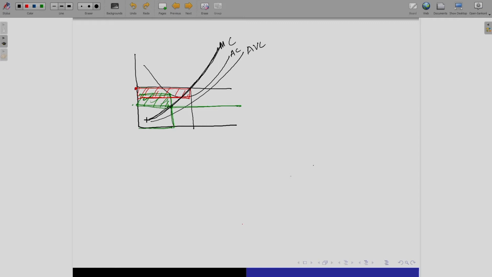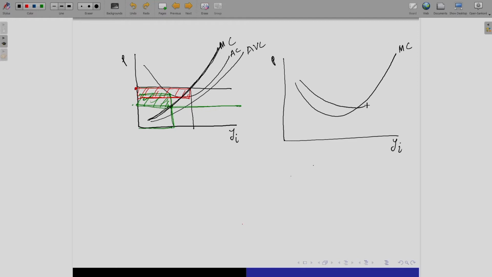Now let's take another example. This is again the output, and this is the price. Suppose the marginal cost curve is of this nature, the average variable cost is of this nature, and the average cost is of this nature. Suppose the price is here.